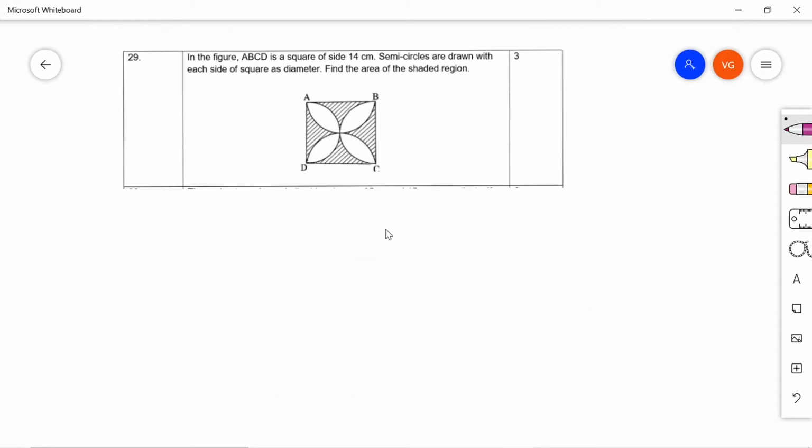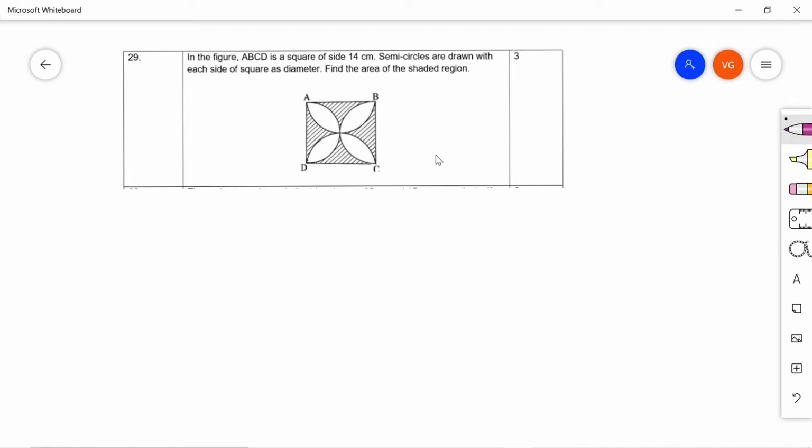Next is question number 29. In the given figure ABCD, it's a square of side 14 centimeter. Semicircles are drawn with each side of the square as a diameter. Okay. Find the area of the shaded region. So see here, this is the figure given, ABCD.